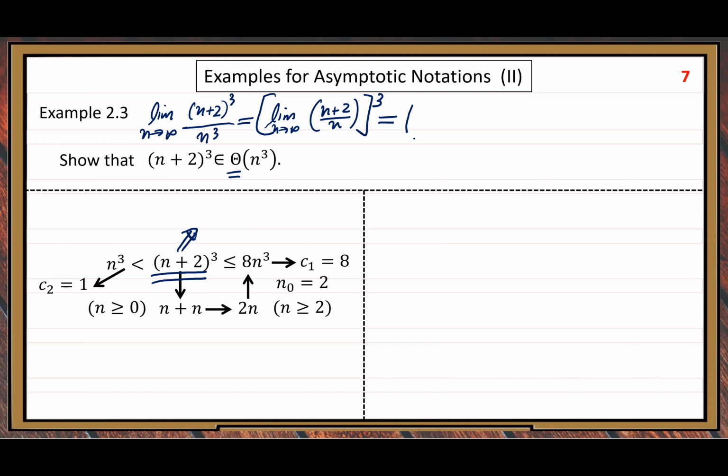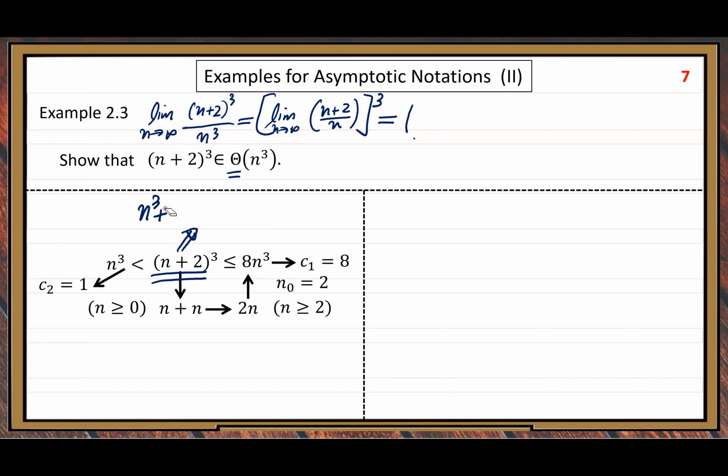They use that cube of sum formula to expand it. So they write n cubed plus 6n squared plus 12n plus 8.